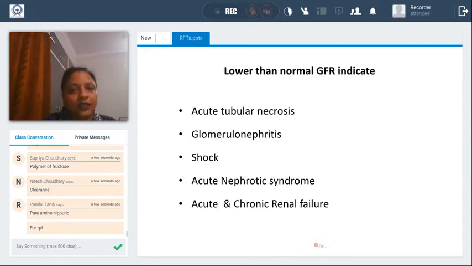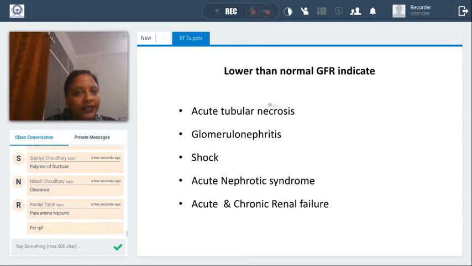If GFR is lower than normal, it indicates disease conditions like acute tubular necrosis, glomerular nephritis, shock, acute nephrotic syndromes, and acute and chronic renal failures.